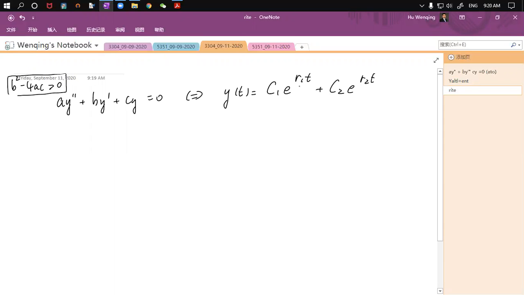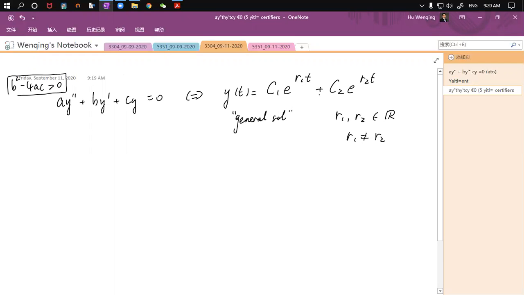Then you must have two different solutions where r1 and r2 are two real numbers and r1 is not equal to r2. This is what we call the general solution.